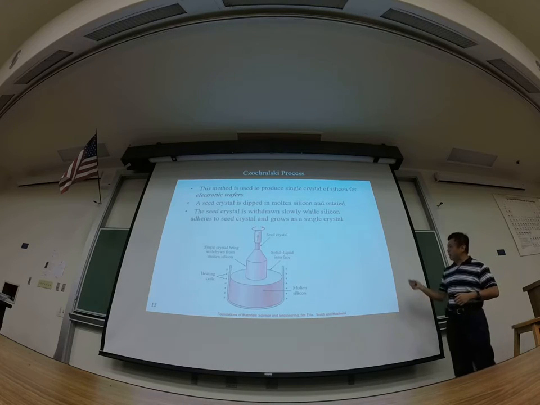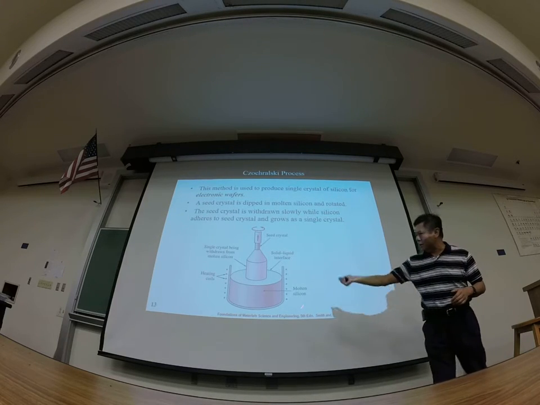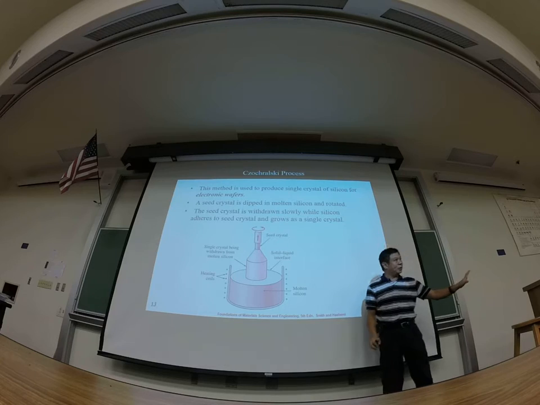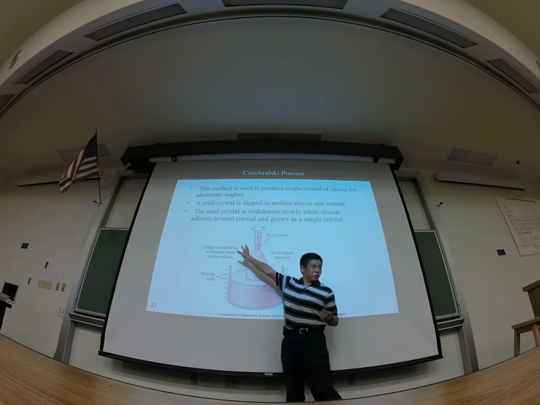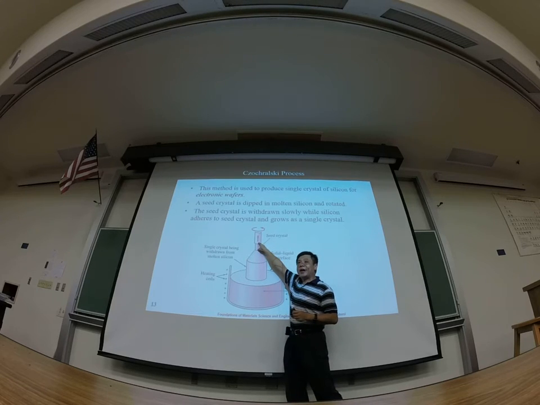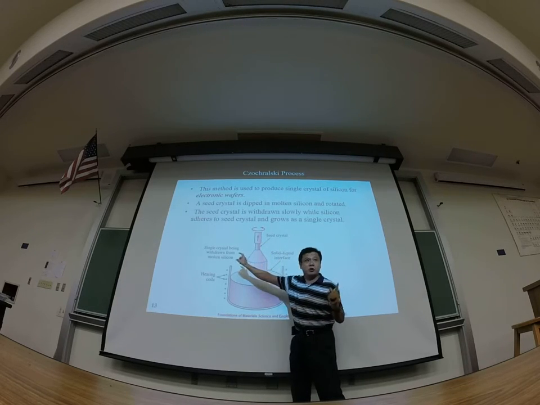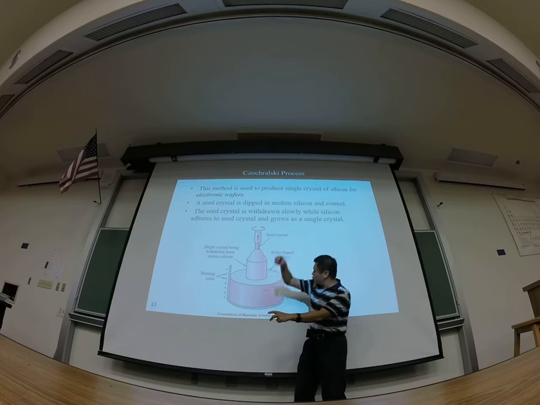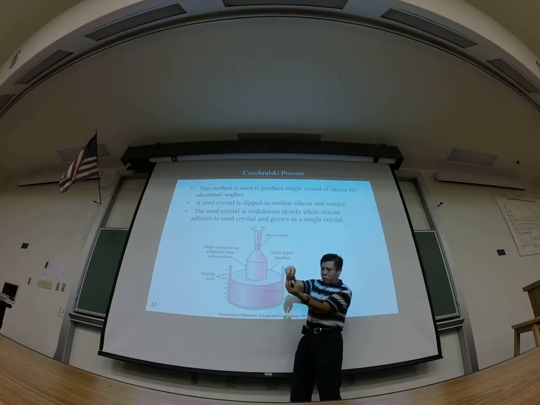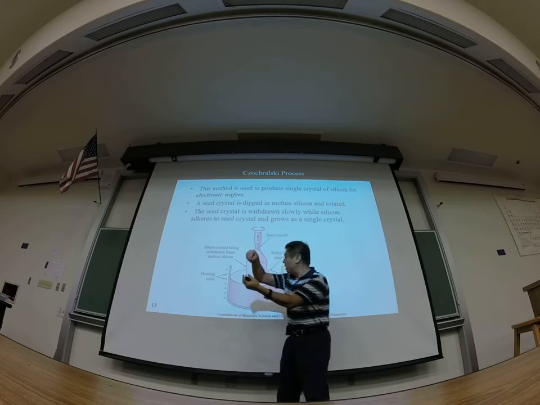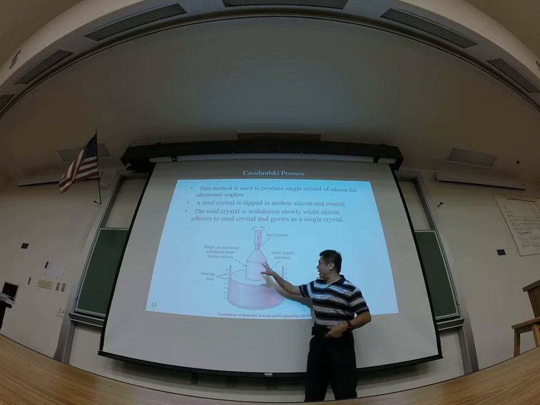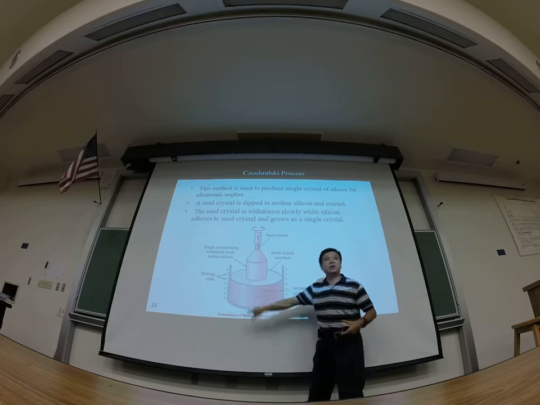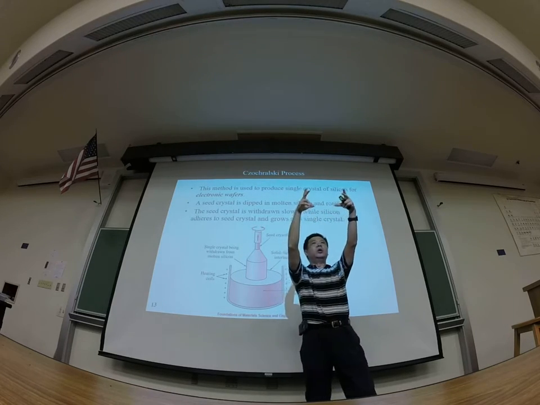And by the end of last class, we talked about the silicon wafer, not only the metal process, but also the silicon process. You use a seed, which is a single crystal seed, and when you withdraw this rod, a small rod-shaped single crystal out of the silicon melt, you will induce the formation of a single crystal silicon.